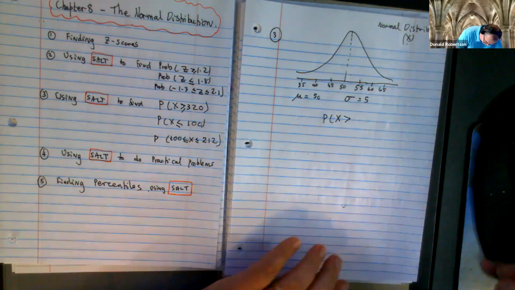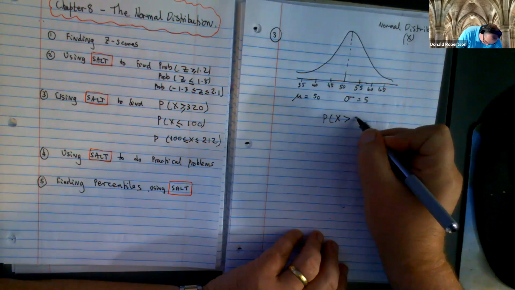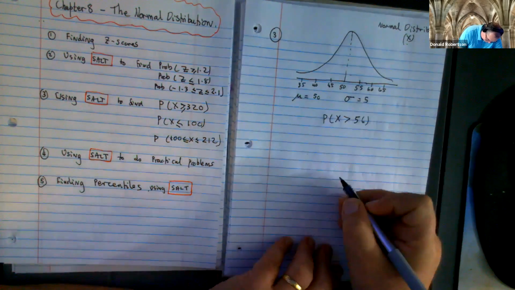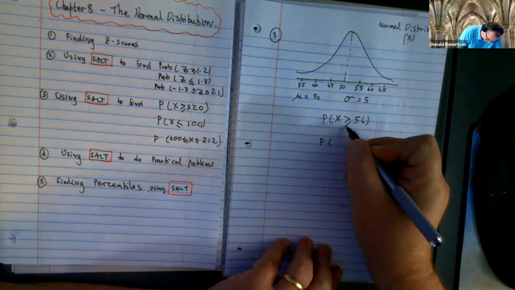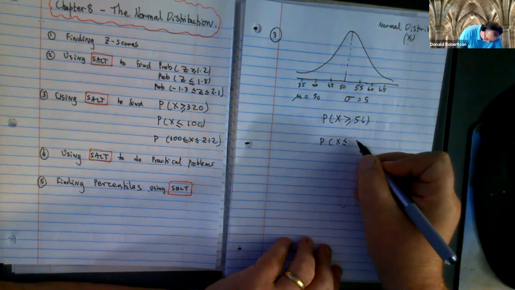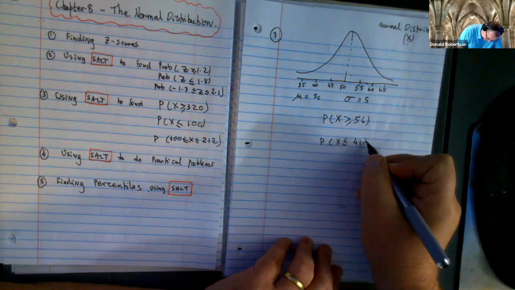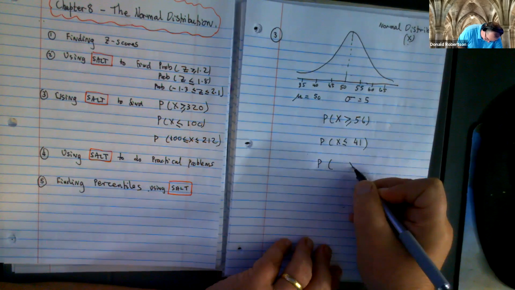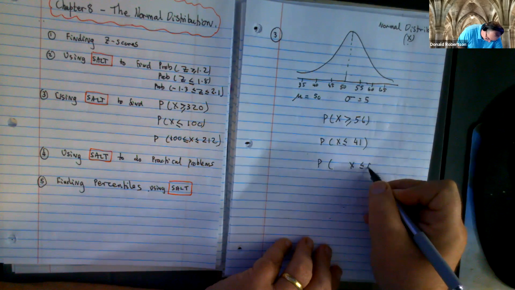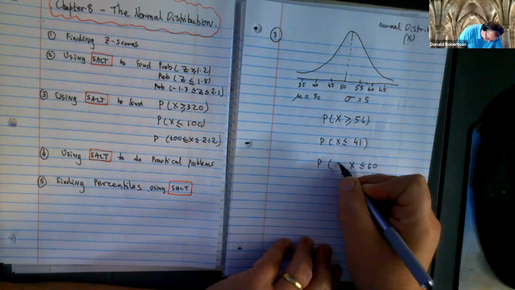So what's the chance that it is bigger than 56? What's the chance that it's less than 41? And what's the chance that it's between 60 and, let's say, 39?